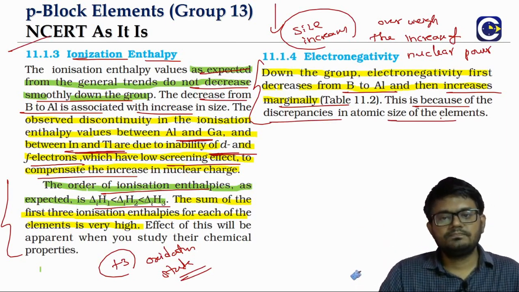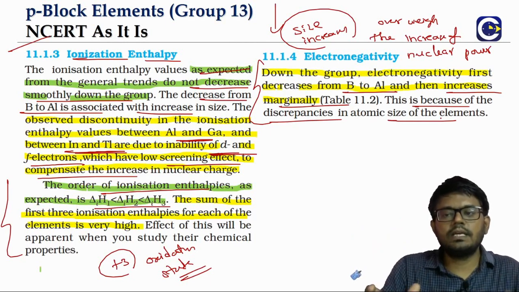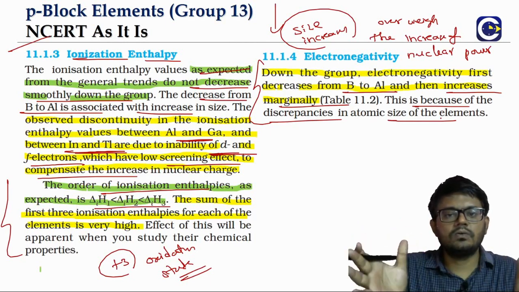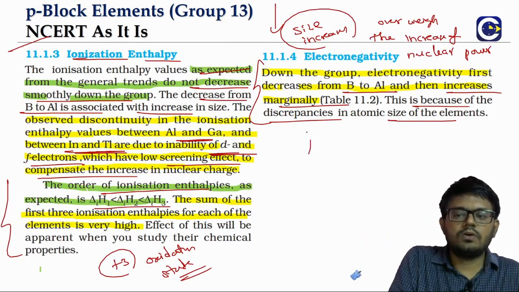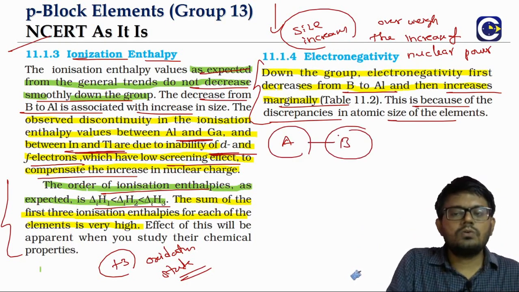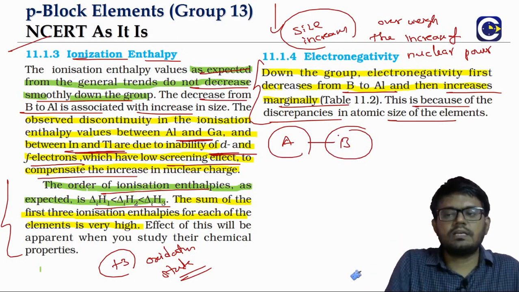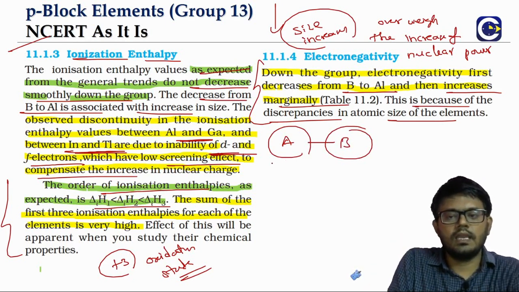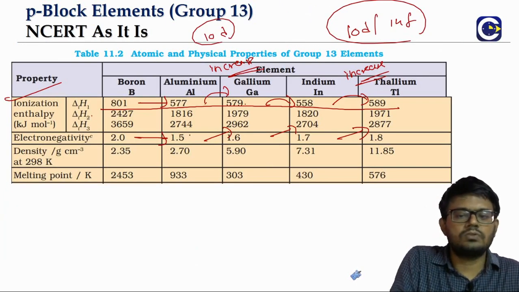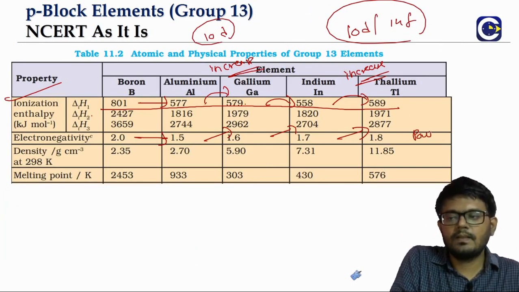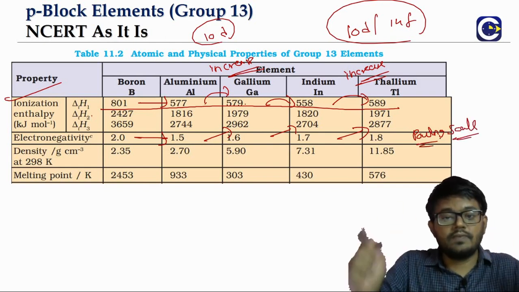of the atoms. What is electronegativity? It is a relative measurement, right? If you have a covalent bond between two atoms, how strongly an element is able to pull the bond electrons towards itself. So generally we talk about these electronegativity values. These are all the values on the Pauling scale. Just refer to our periodic classification videos.